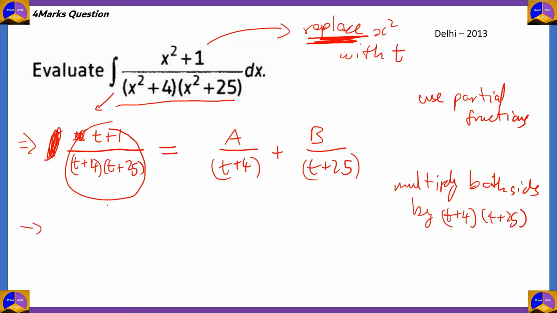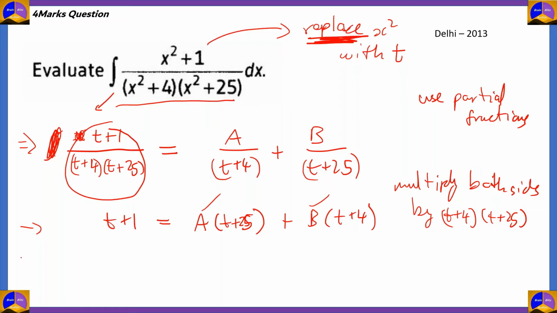So now you'll get the left-hand side as t plus 1 because the denominator gets cancelled. And in the first part, a by (t plus 4) gets cancelled, so we get a times (t plus 25). And then for b, the (t plus 25) part gets cancelled, so we have (t plus 4) times b. Now we need to find the value of a and b.